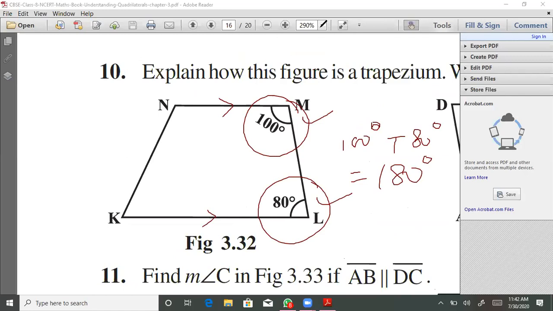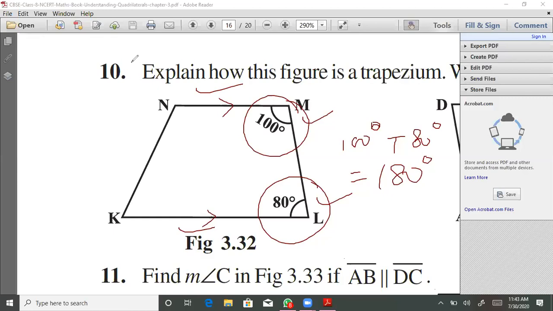If the sum of these two interior angles is equal to 180 degrees, if two adjacent angles have a sum of 180 degrees, then opposite sides are parallel. And if one pair of opposite sides is parallel, what does it mean? It's a trapezium. And which sides are parallel here? You can see LMN and LK, right?